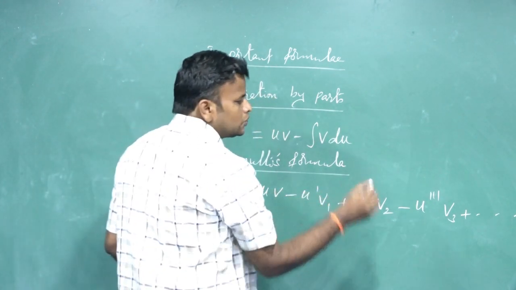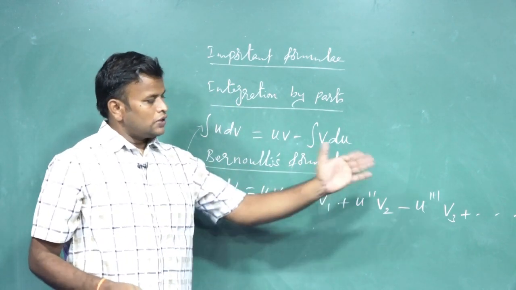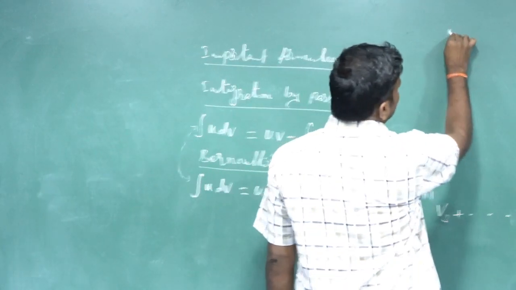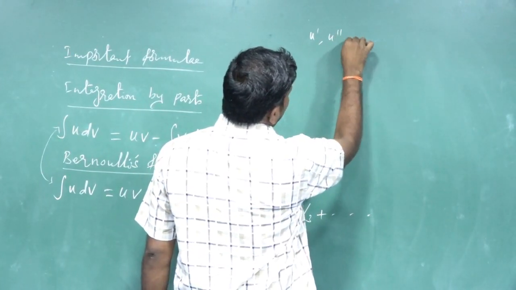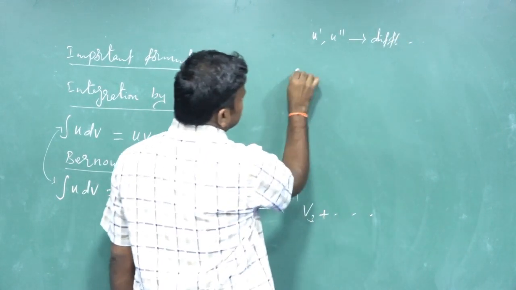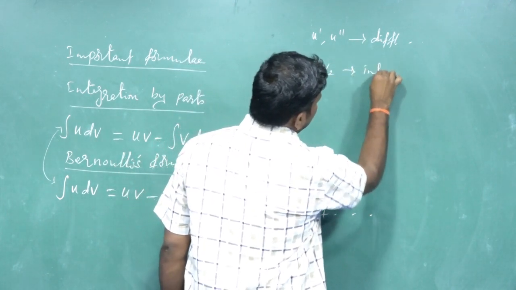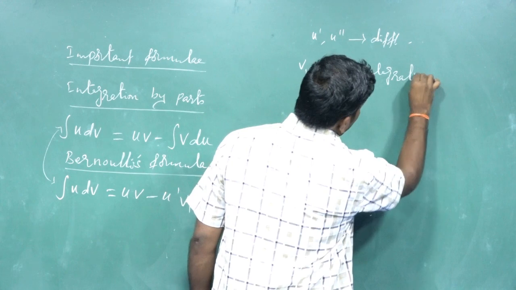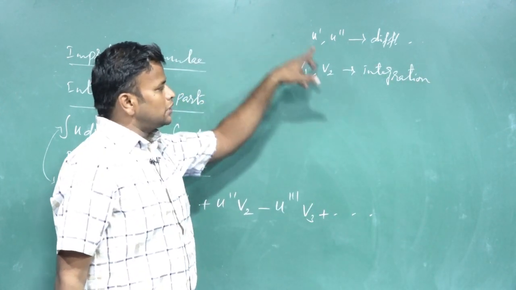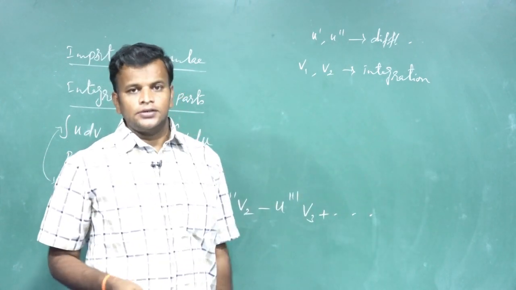U dash, u double dash are differentiated terms. V1, v2 are integration terms. Integrating v1 with respect to x is v2. Integrating v2 with respect to x is v3.